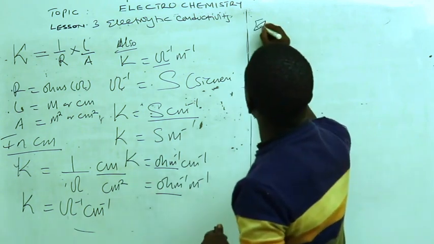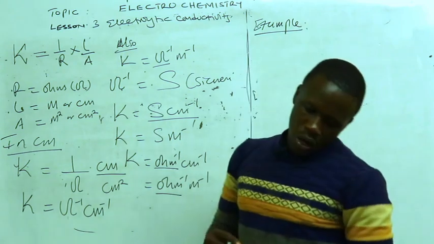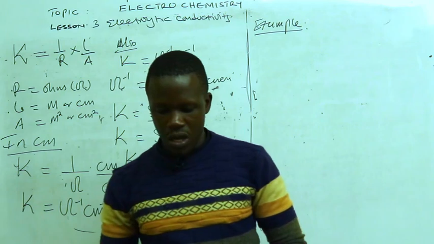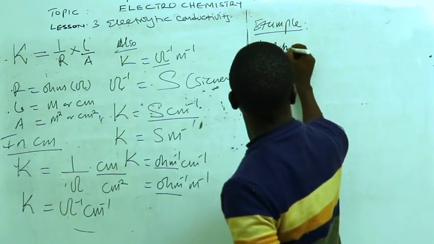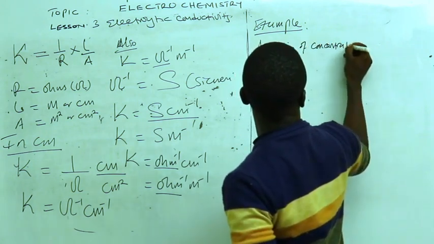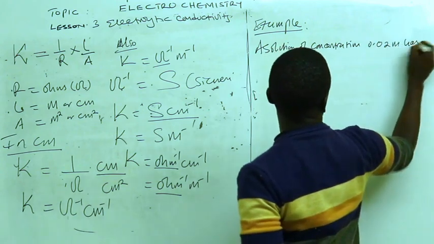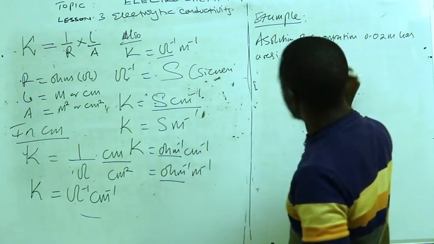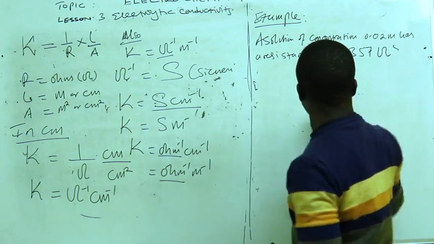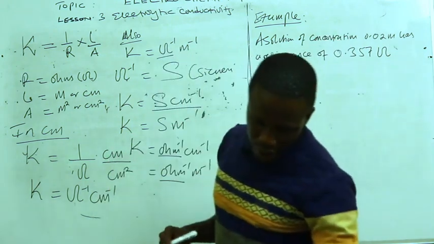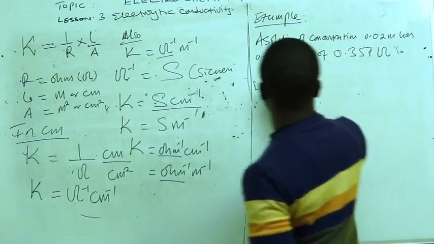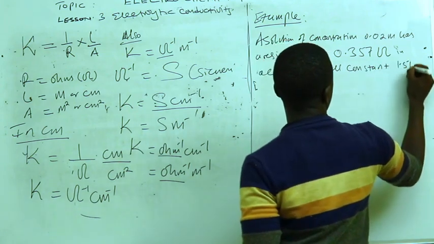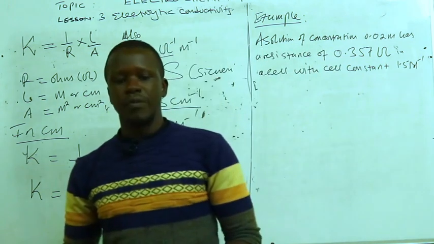Example: a solution of an electrolyte of concentration 0.02 molar has a resistance of 0.3575 ohms in a cell with a cell constant of 1.5 per meter.